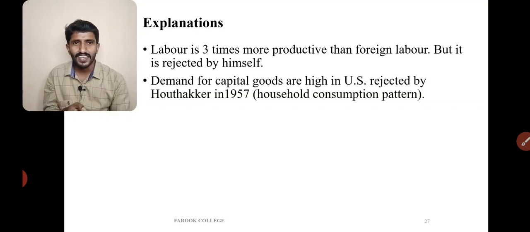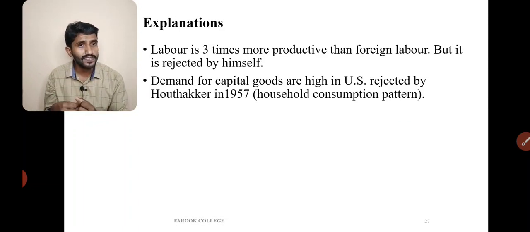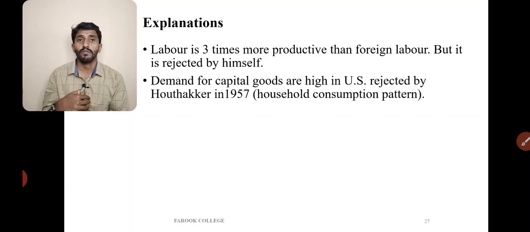Okay, secondly, he said that it might be because the demand for capital goods is high in the US. That's why they are importing more capital intensive commodities.